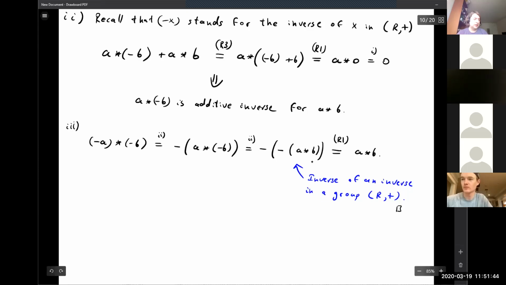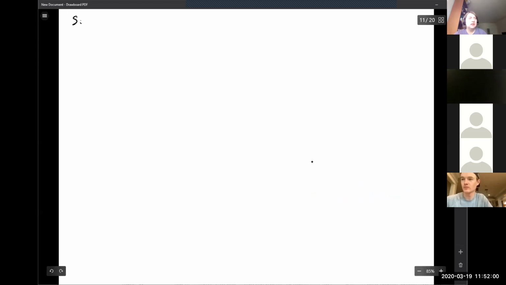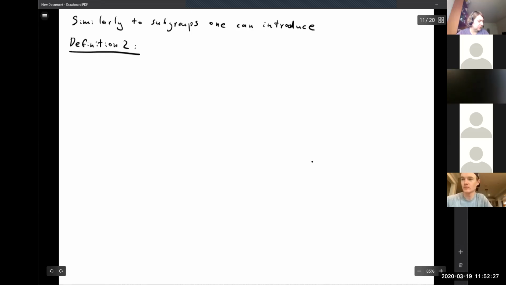Now, similarly to how we defined subgroups, we can introduce subrings. Definition 2. So let R be a ring.